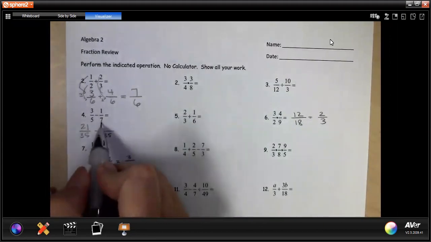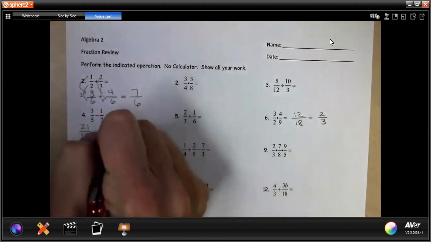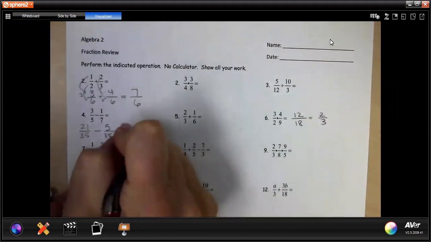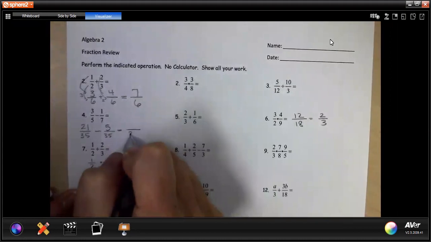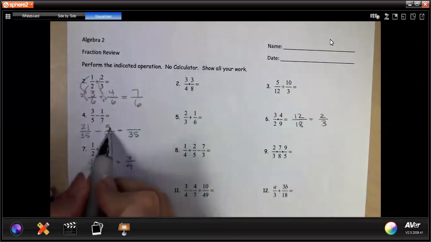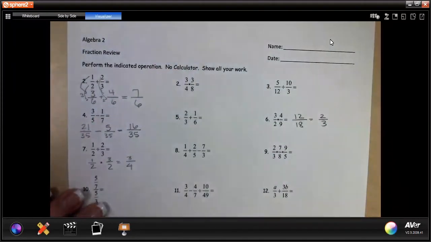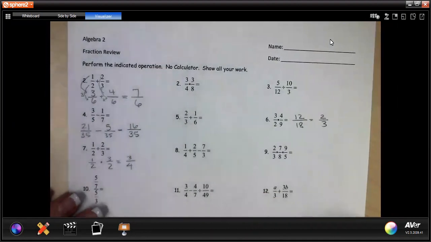I multiplied this 7 times 5 to get 35, so I'm going to multiply the 1 times 5. When we subtract, again, we keep this denominator and we subtract the numerators. And we get 16/35. And that's where we would leave it.